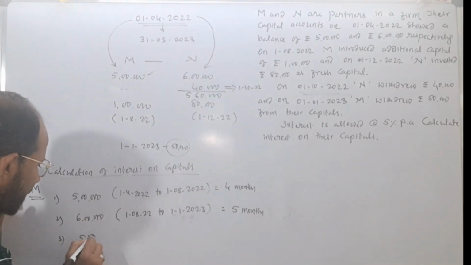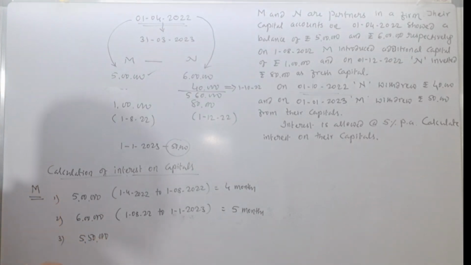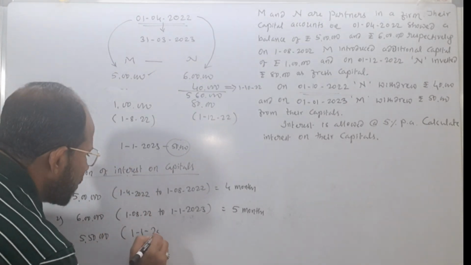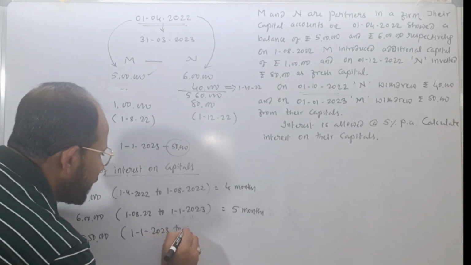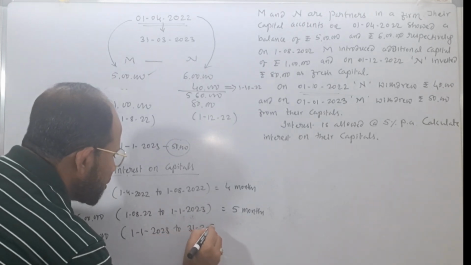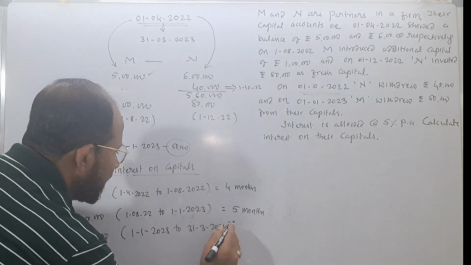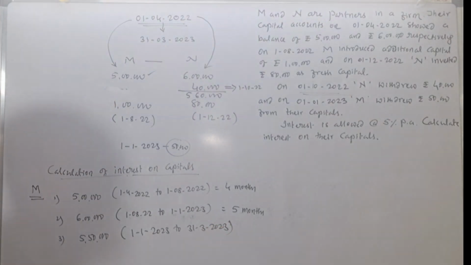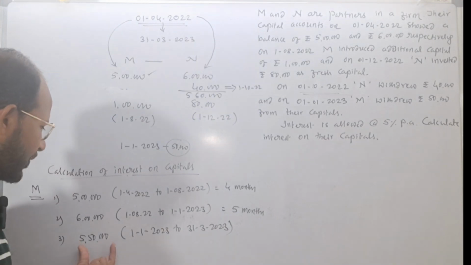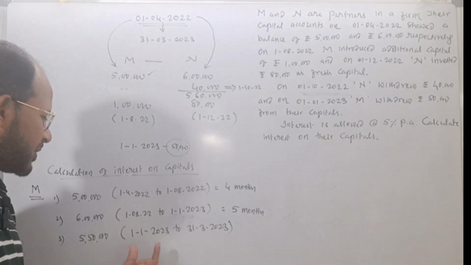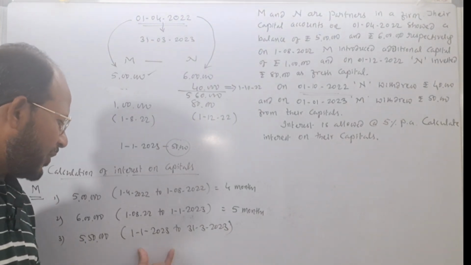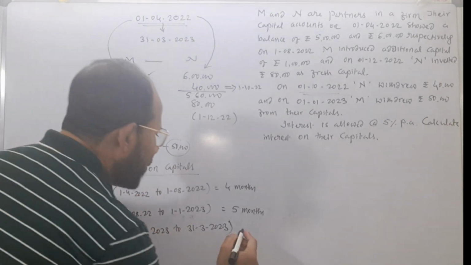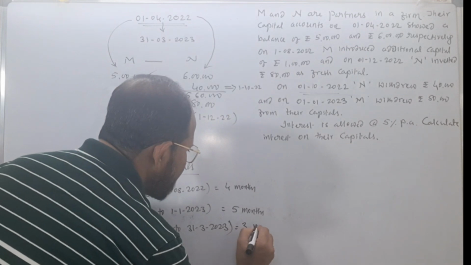Therefore, 5,50,000 capital was there in the business from 1st January 2023 to 31st March 2024. I mean 2023. Okay. Try to understand here. Rupees 5,50,000 was there in the business for the period of how many months? January, February, March. 3 months this amount was used in the business. 3 months.